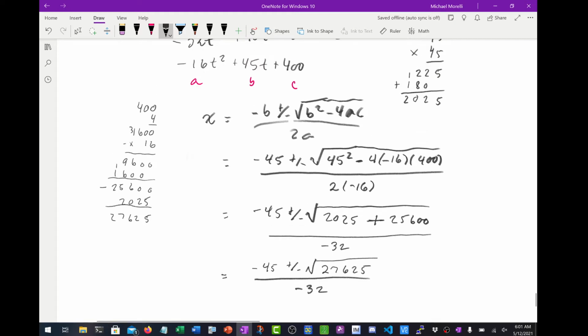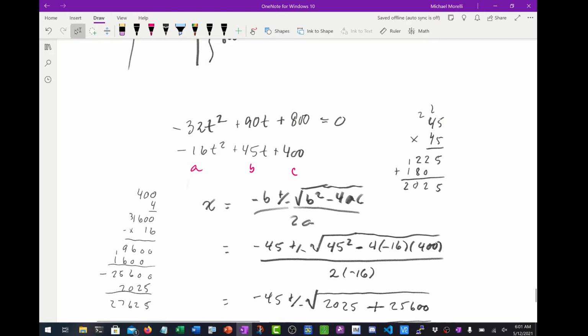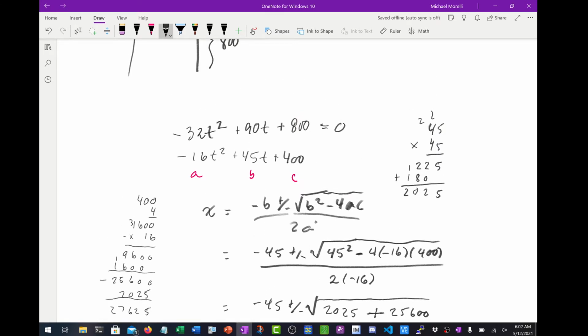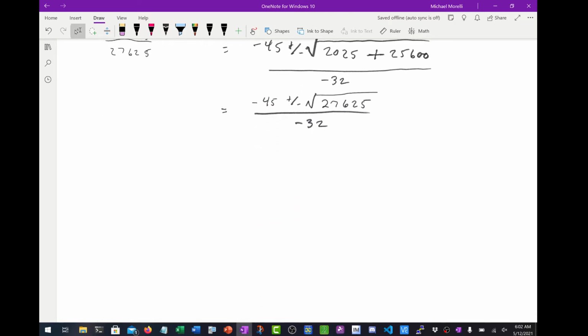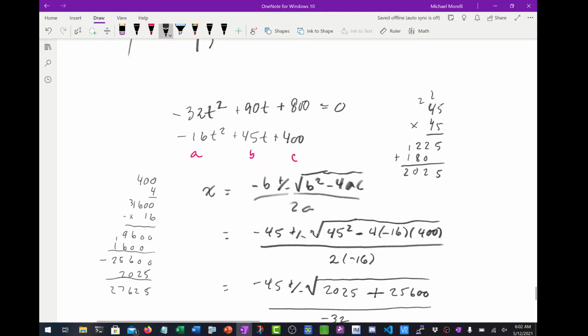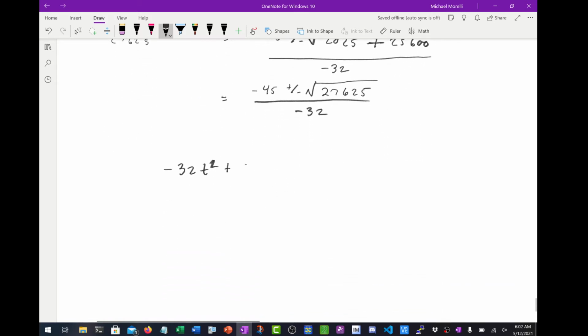Let's see if we can come up with a different tactic. Let's go back to our original quadratic, negative 32t squared plus 90t plus 800 equals 0. I'm going to try something called completing the square.